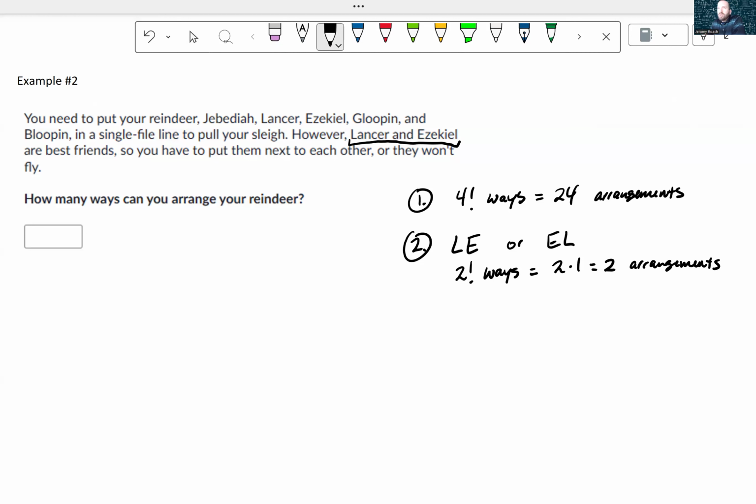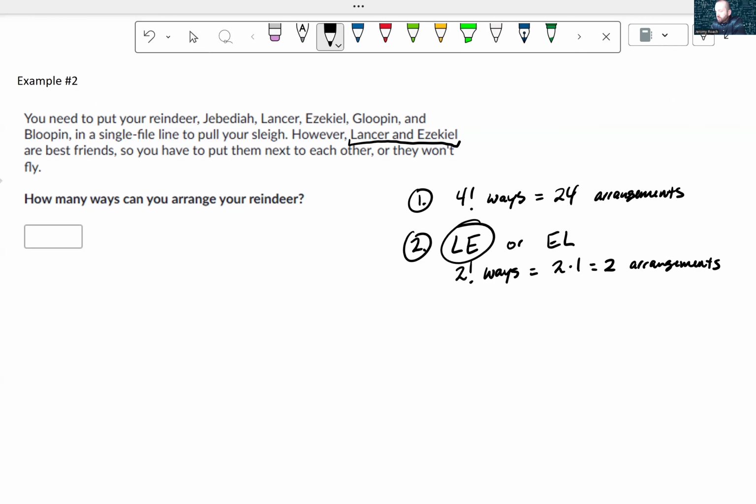All right, so we want to get rid of any duplicate arrangements. To apply the fundamental counting principle here, it says to multiply all the possibilities to find the number of ways something can be arranged. Actually, we're not getting rid of anything. We're putting all of the possibilities.